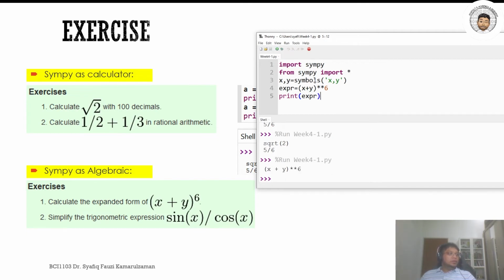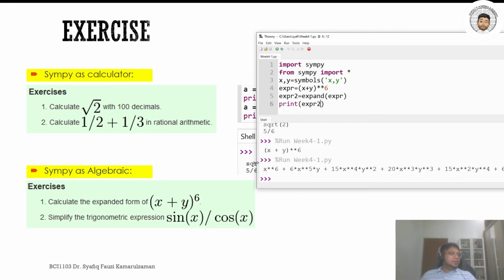Okay, the first one. So next, for the second one, simplify. The first one is the equation first. You need to expand it. Okay, how do you expand it? Just put expand. Okay, let's make a new one. I think you can use this command.